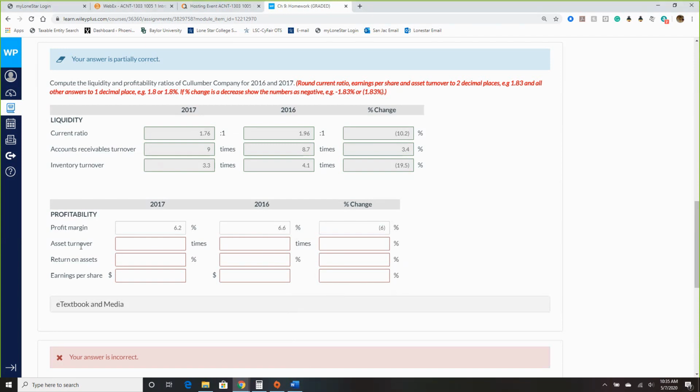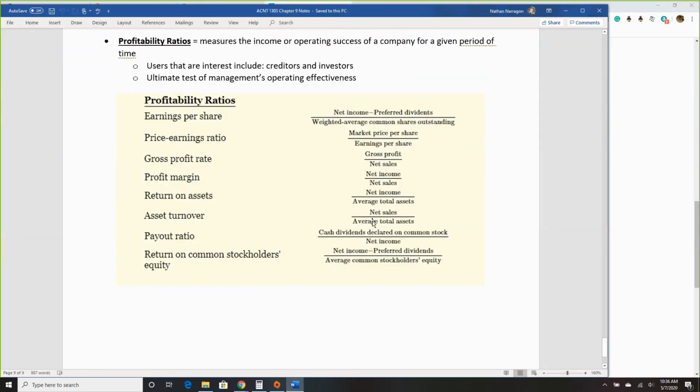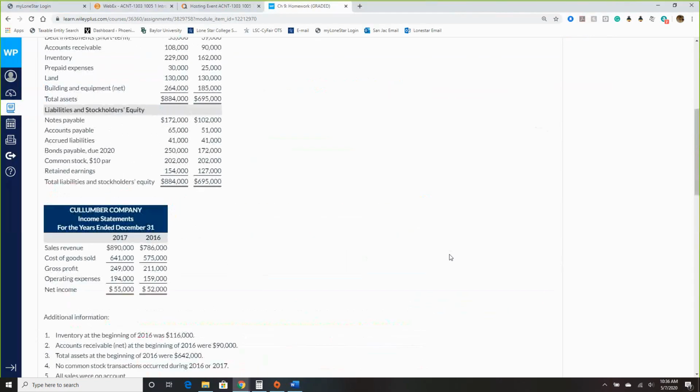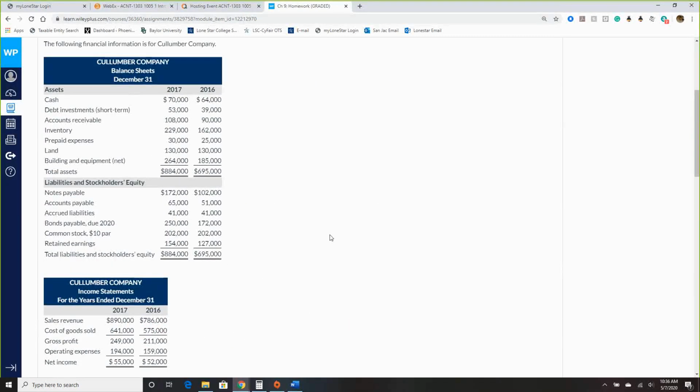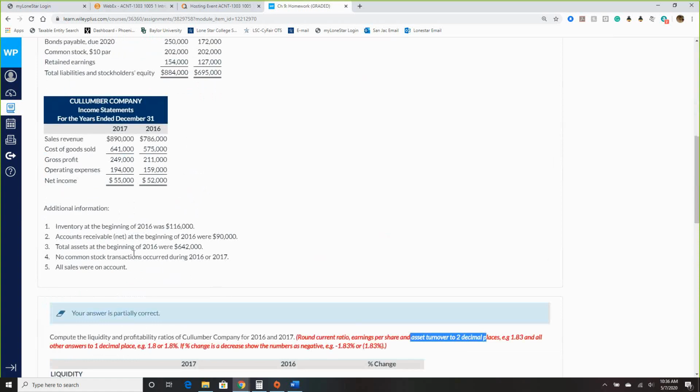Cool. Asset turnover, that's again one of our two decimal places. So, asset turnover, net sales divided by average total assets. No total assets. We need to find our beginning, which again, that's number 3 here.